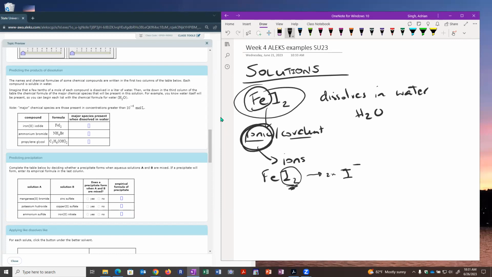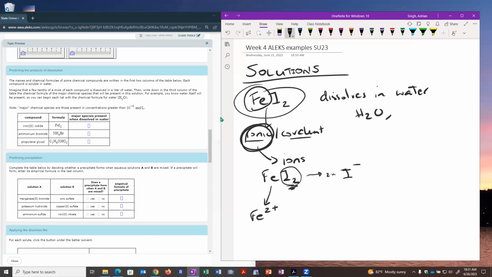That'll give us a total charge of 2 minus for both iodides, which means that iron then, in order to cancel out those 2 negative charges, the iron has to be 2 plus, right? So remember, iron is one of those metals that can form different charges. We need to figure it out based on what the charge on the non-metal ion is. So in this case, the iodide is 1 minus. We have 2 of them based on the formula, which means the iron then needs to be 2 plus.